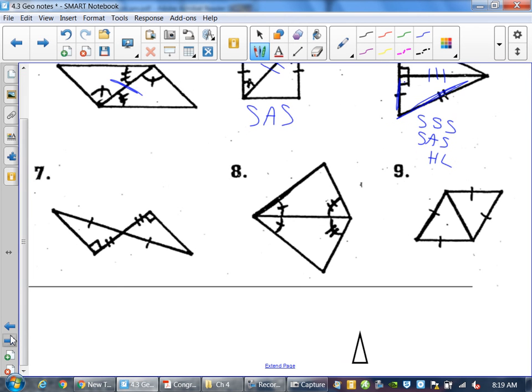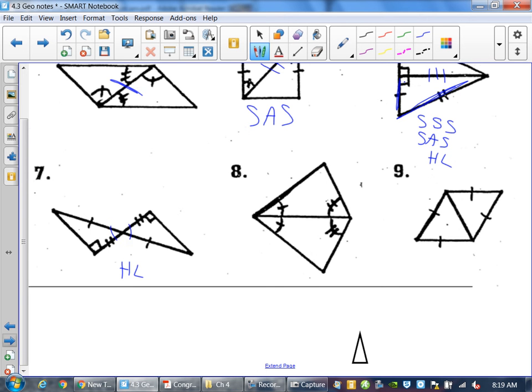What about in 7? What do you have? You do have hypotenuse leg right away, because you've got right triangles. The hypotenuse and the legs are all set through. What's the other way? Side angle side. Where is this angle? The 90 degree angle is not between the 2 sides, because now all of a sudden you've got side, side, angle, and we all know that there's no such thing.